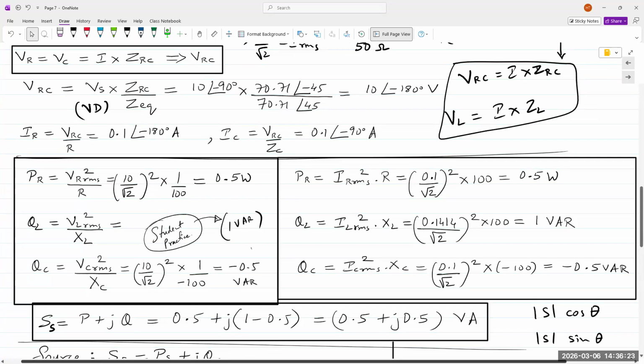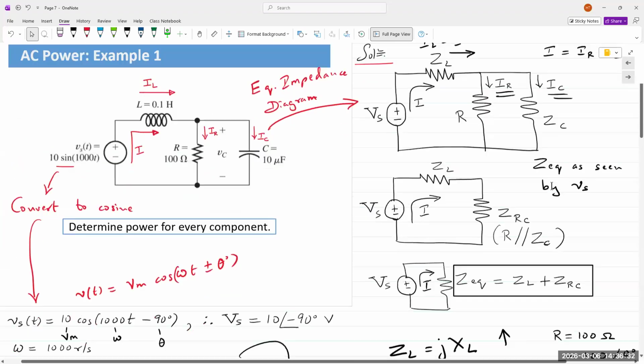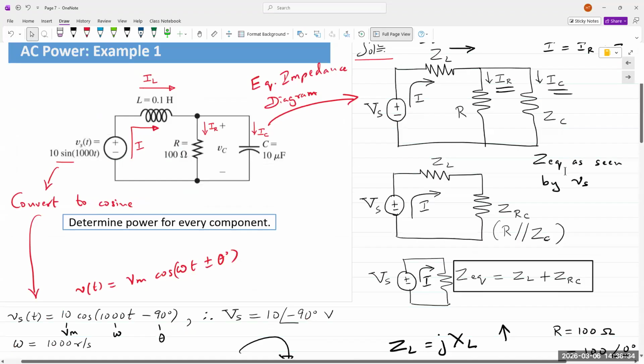I'm again summarizing the steps. Think back to chapter 2. We had resistive circuit analysis. If Vs was a DC voltage source, what would you do? We would calculate either the voltage or the current across these three resistances or three impedances, and then apply the power equation, which is V squared over R or I squared times R. That is all we have done.